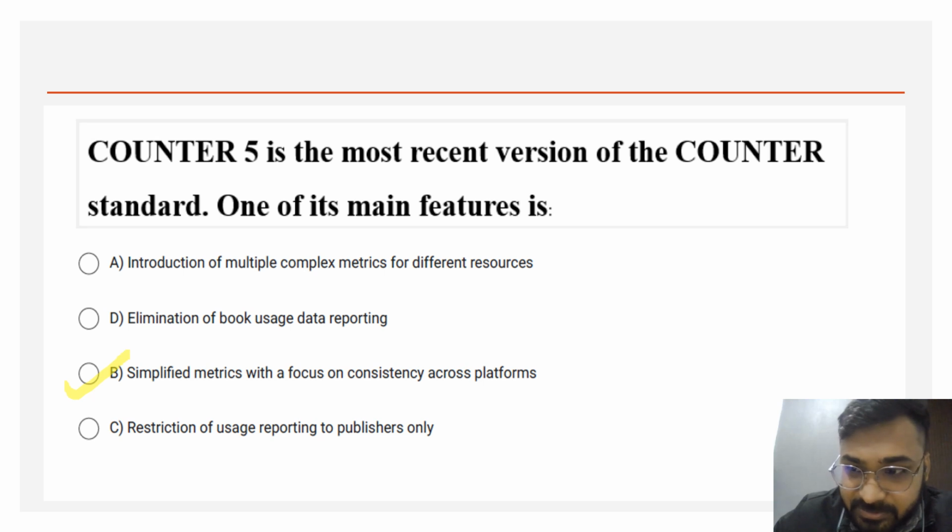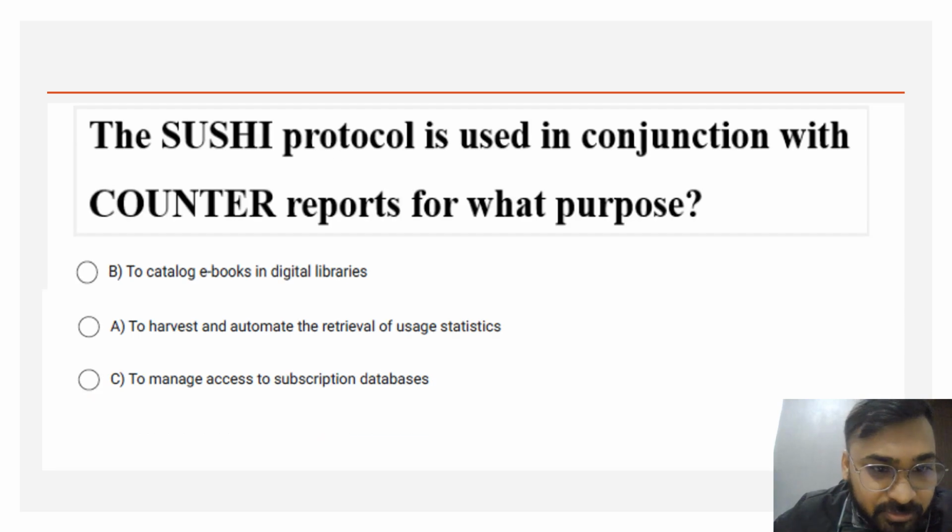The next question: the SUSHI protocol is used in conjunction with the Counter reports for what purpose? It is to harvest and automate the retrieval of usage statistics, the statistics of users, to retrieve that.